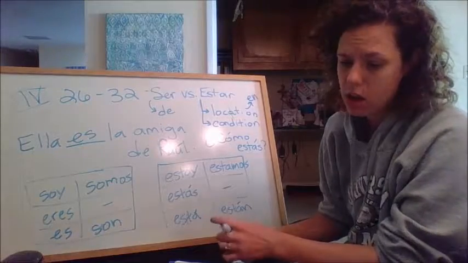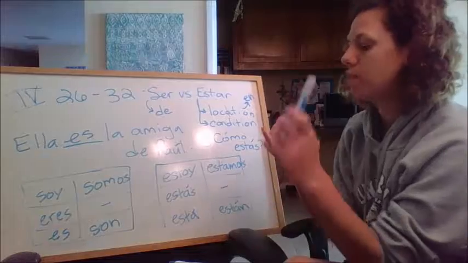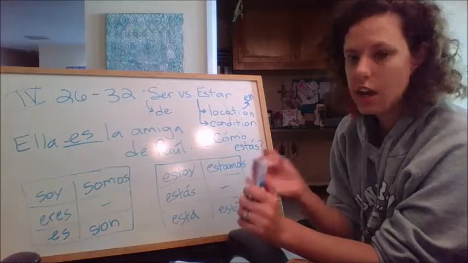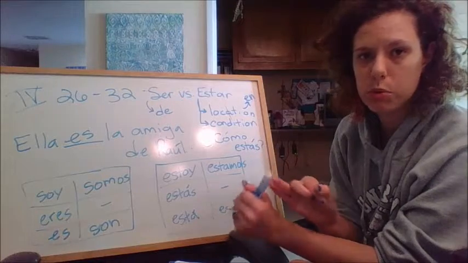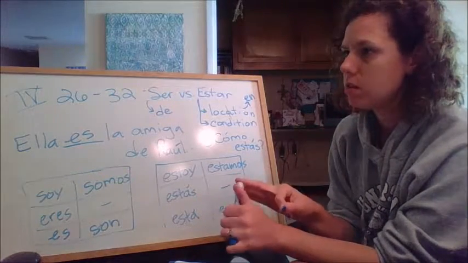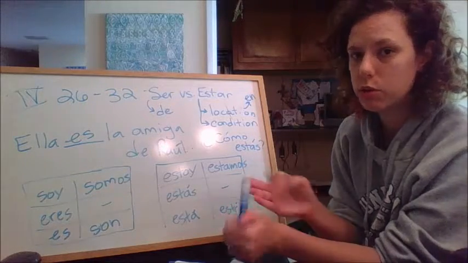Things that you might come across would be, like I said, I'm sad, so it would be estoy triste. I'm not doing well or I'm doing poorly would be estoy mal. I am healthy would be estoy sano or sana, depending on if you're a boy or a girl.